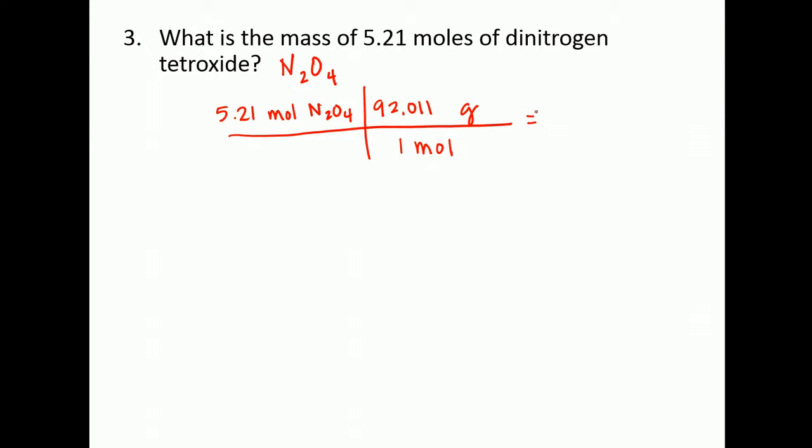And to solve for your answer, 5.21 times 92.011, we have 3 significant figures. And so our answer is 479 grams N2O4.